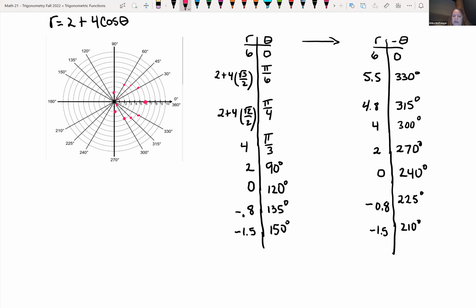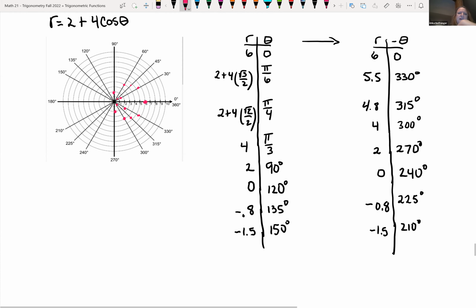Okay, so 150 degrees, we have negative 1.5. So rotate 150 degrees, we're going to go across the axes, and we got approximately 1.5. Doing the same thing, 210 degrees across, because it's negative 1.5.